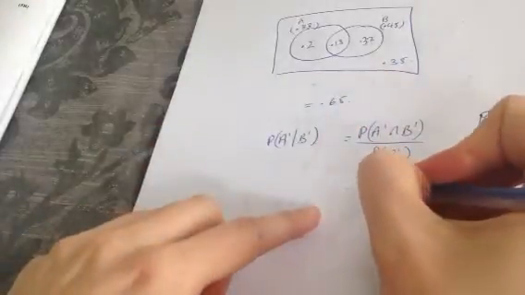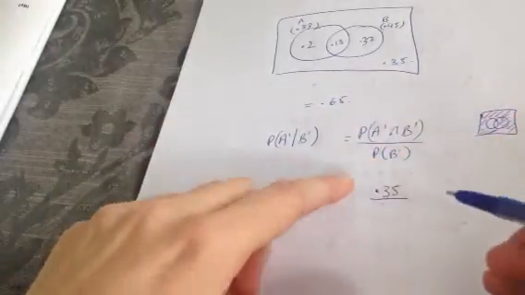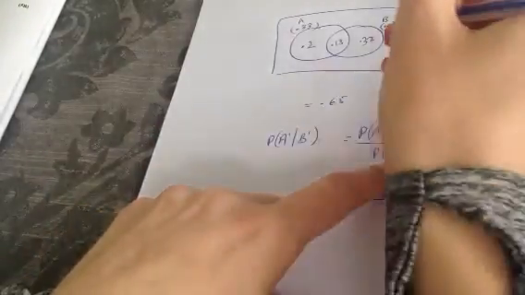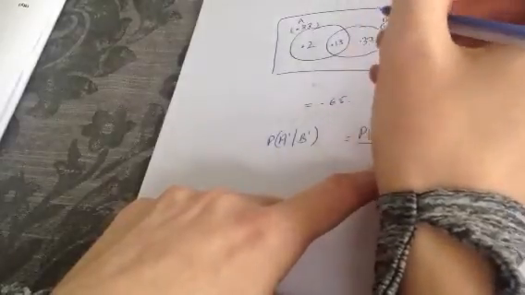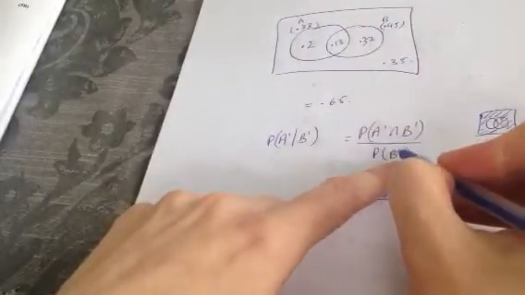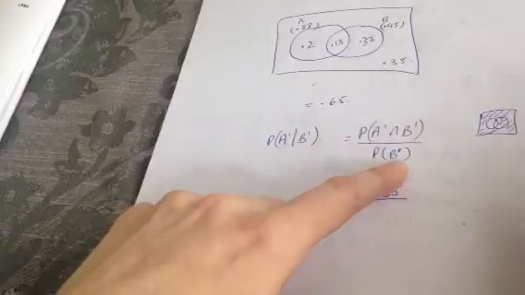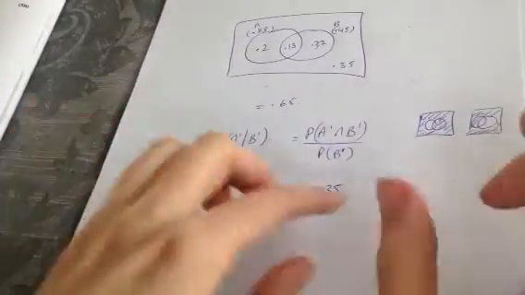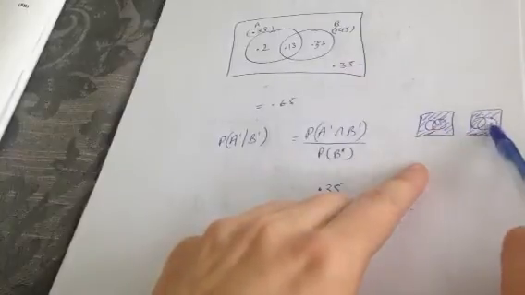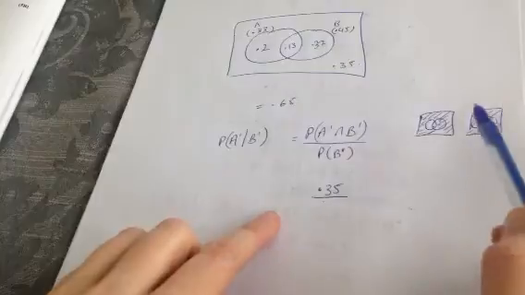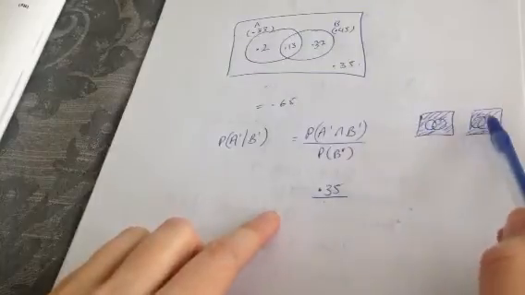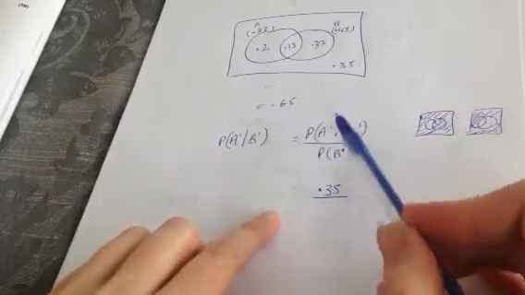So that's the 0.35 on the top line. And the probability of B not happening is this here. So that's A complement, that's B complement. Where they intersect is the outside here, which is the 0.35.